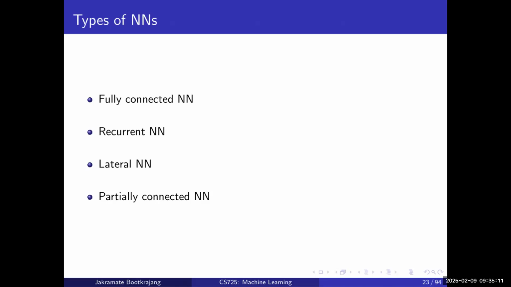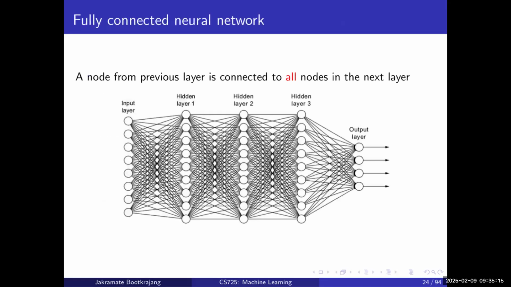We'll go through one of each briefly. So in the fully connected neural network, as the name suggests, each node in one layer will be connected to every node in the next layer, right? So fully connected means you have all the possible edges.